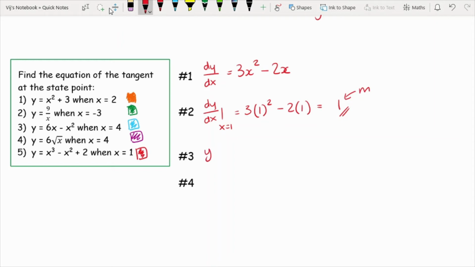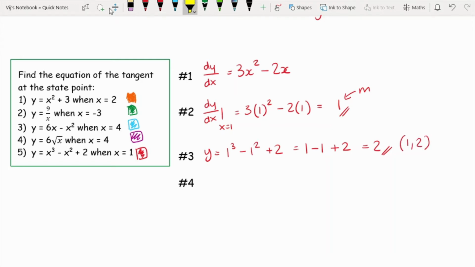I then need to find out what the y ordinate is going to be. So I've got y equals 1 cubed minus 1 squared plus 2. That's equal to 1 minus 1 plus 2, and that just equals 2. So my coordinate I'm going to be using is (1, 2).